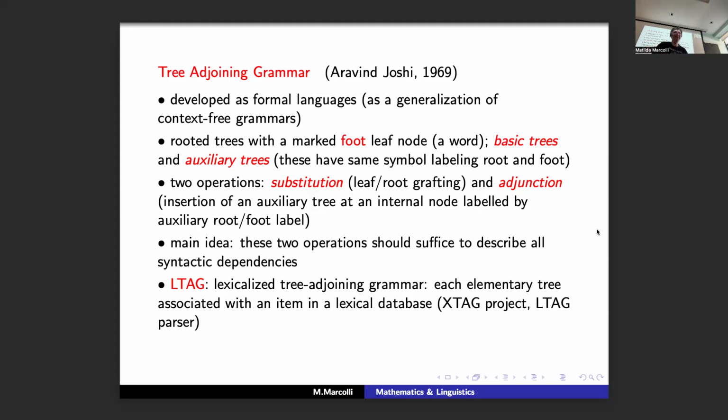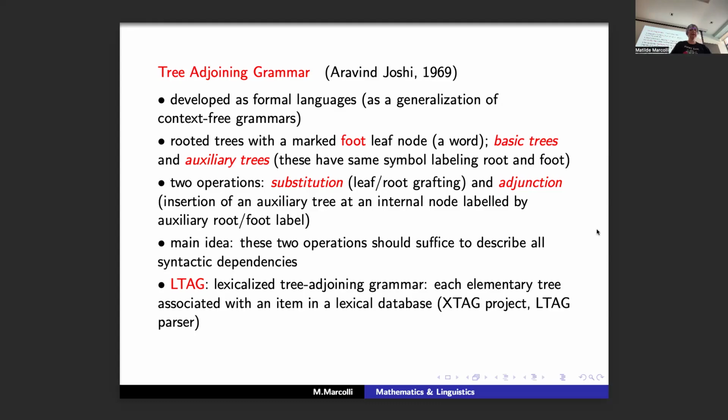Okay, why do I want to do that? Why don't I just do the normal operation that plugs in trees? Part of the idea is that you want to account for certain kinds of transformations on sentences and language that appear to do something like inserting at some internal vertex of a tree.